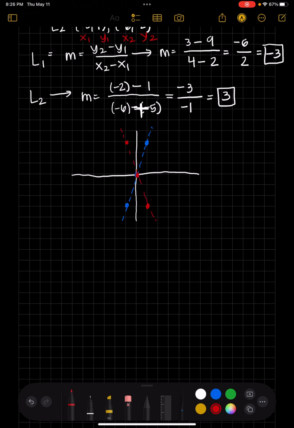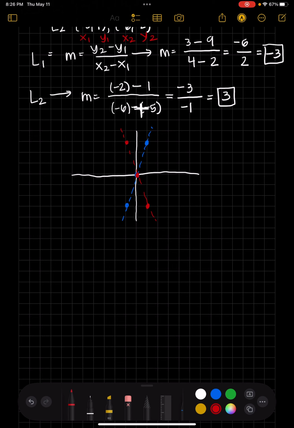Now, they're opposites of each other for sure, and they make a really pretty X, but these are not parallel because they do intersect, and they're not perpendicular because even though they intersect, they want to be intersecting at a 90-degree angle in order for it to be perpendicular, and this isn't a 90-degree angle. This is more like a 30-degree angle or something close to that.